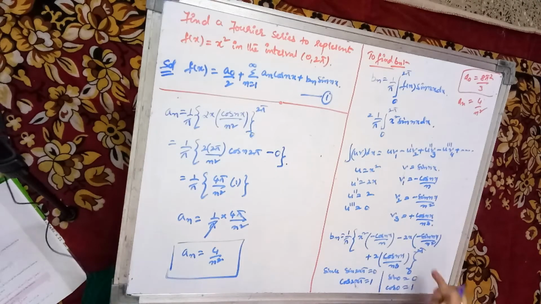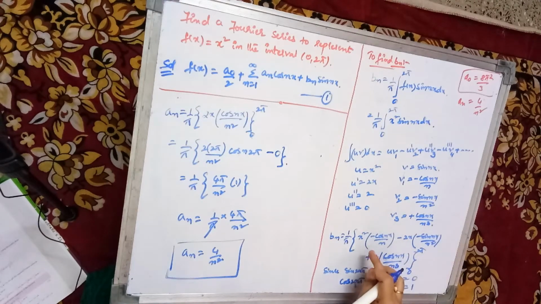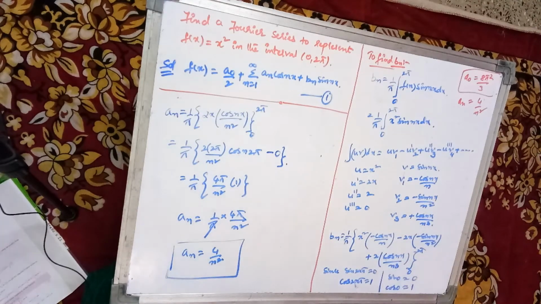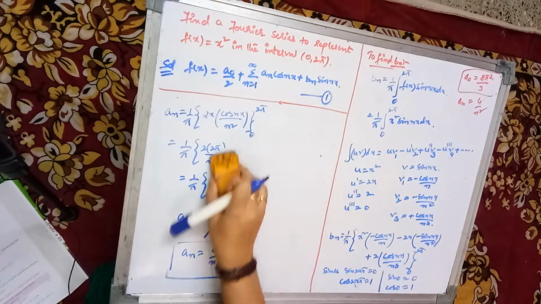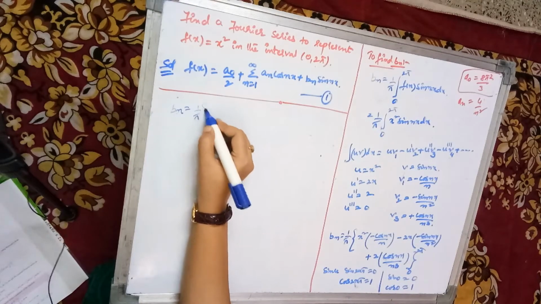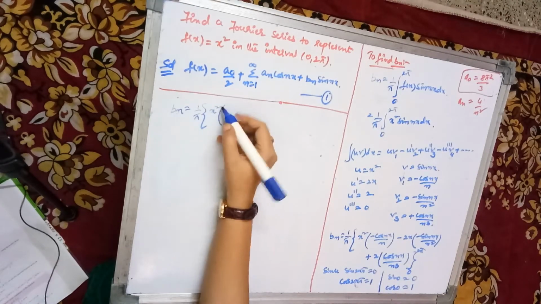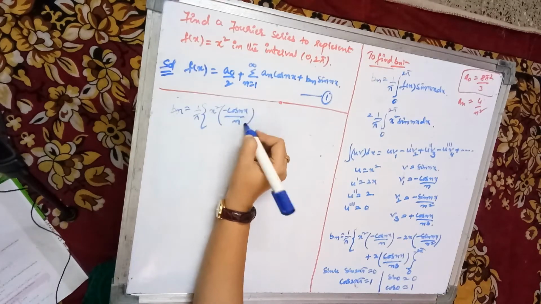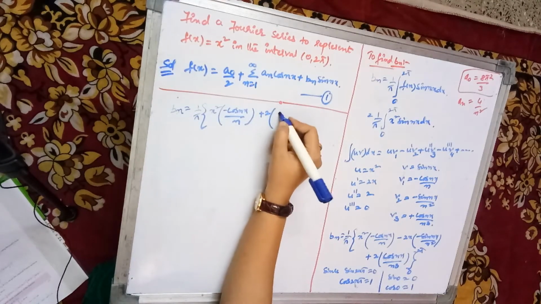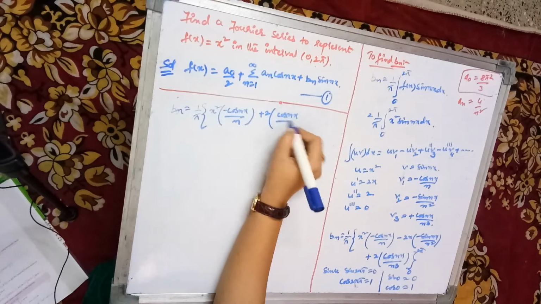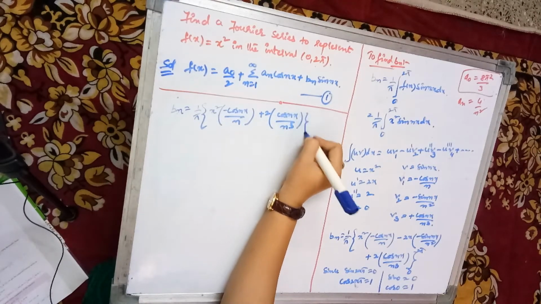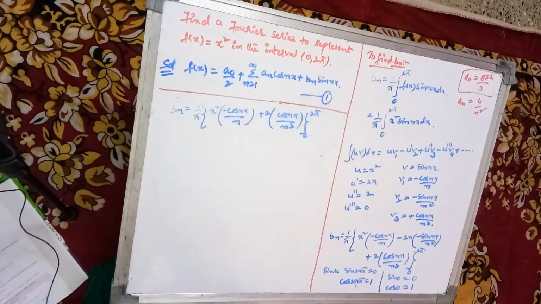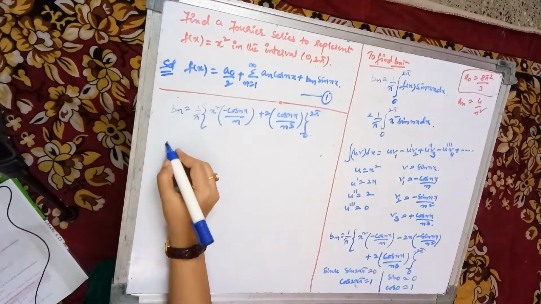Now we will substitute. The sine terms will vanish, and we are left with cos terms. It's equal to 1 by pi of x square into minus cos nx by n, then plus 2 into cos nx by n cube, limits from 0 to 2 pi. Now substitute the values.